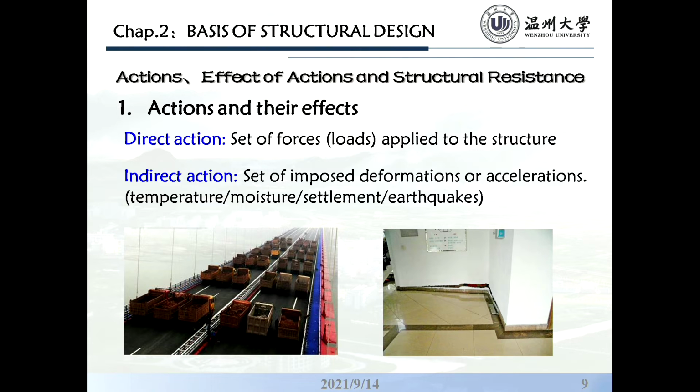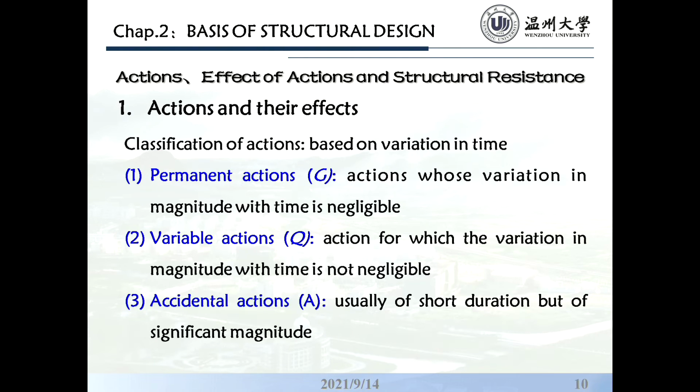So here is how we classify action. Another method to classify action, we also name the permanent action. For permanent action, we use the symbol G to represent. And another is a variable action Q, and accidental action with the A. Yeah, for the symbols, it's okay.